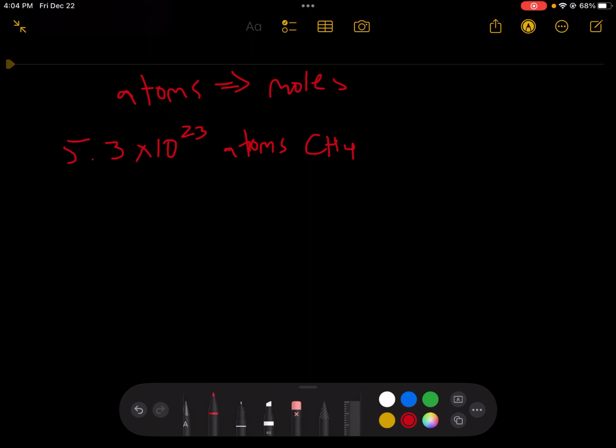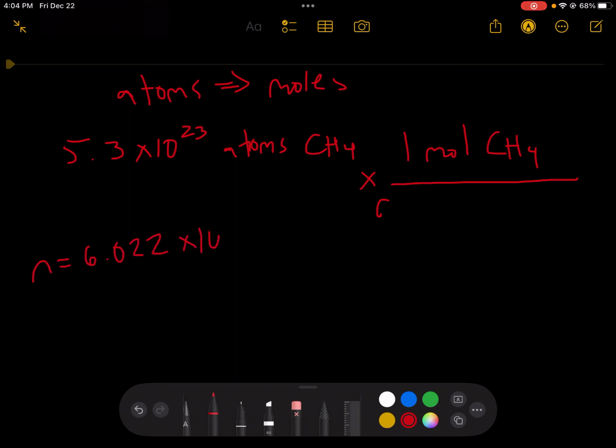So the idea behind dimensional analysis is treating the units themselves as their own variable. So if we want to cancel this out, we'll say for every mole of methane, which is what we're trying to find, moles up here, we need to have Avogadro's number, which if you remember was 6.022 times 10 to the 23rd atoms, or any other particle, but in this case we're talking about atoms, so we'll say atoms.